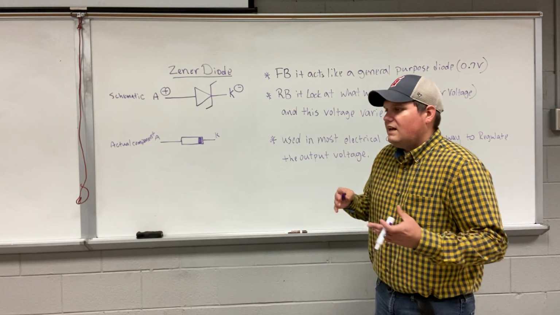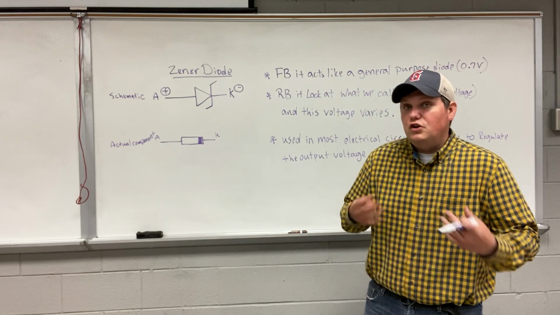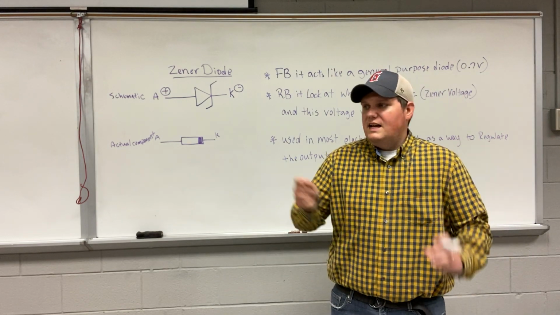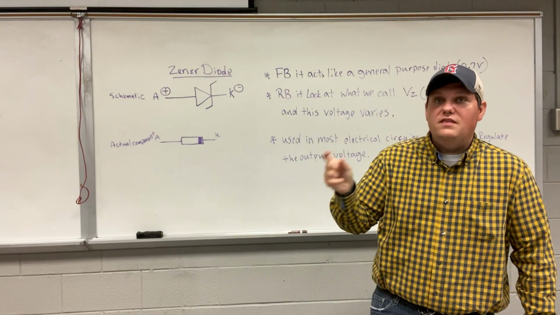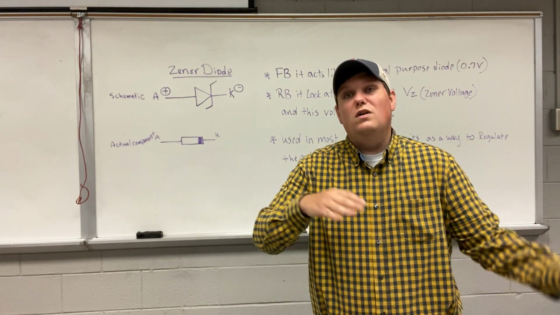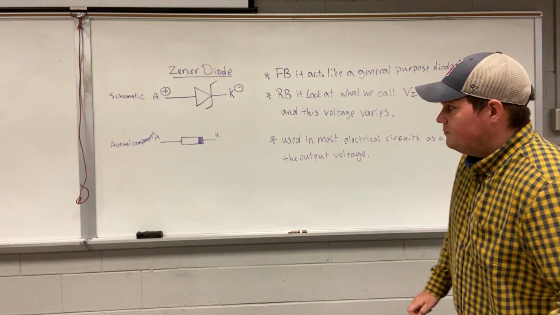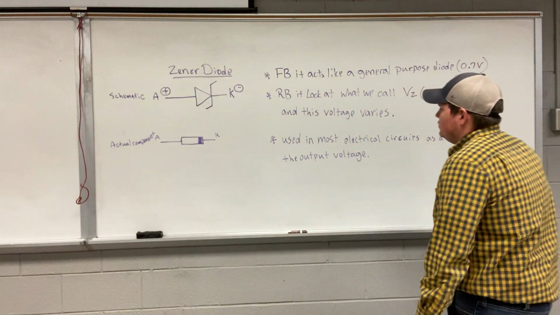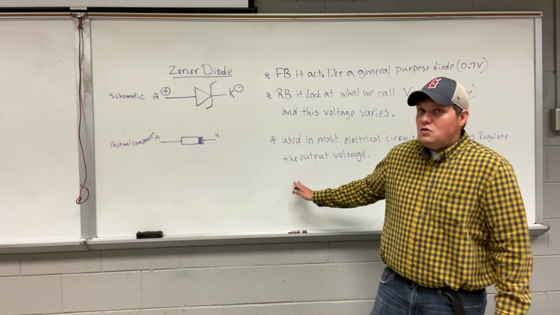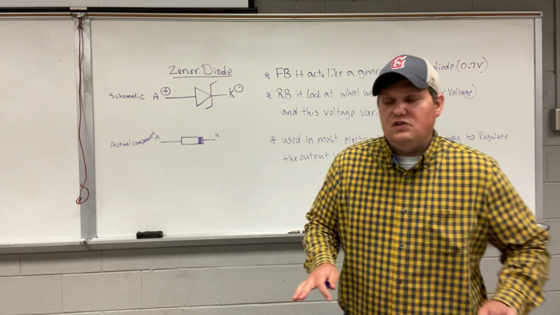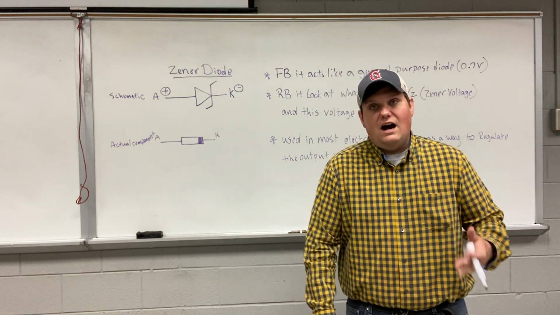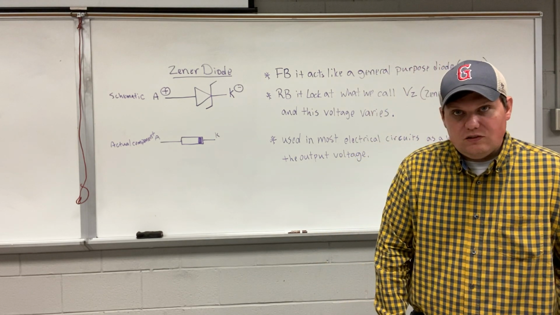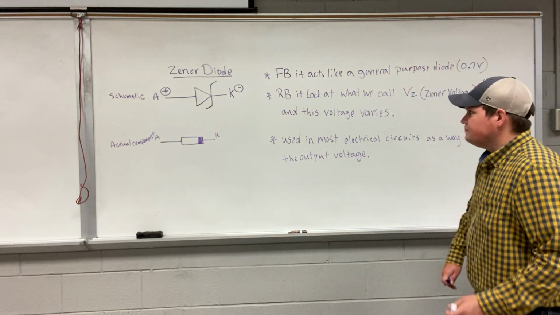So you can always have that readily available. You can Google the part number, and all you got to do is go down and find that VZ number, and that's what it will lock at when it's reverse bias. So again, this is used mostly in all of your electrical circuits as a means to regulate what your voltage output actually is.